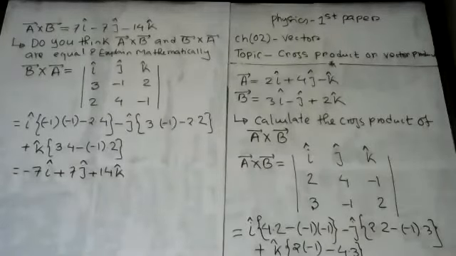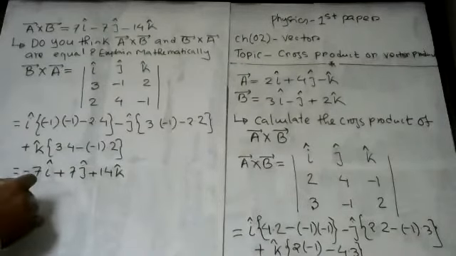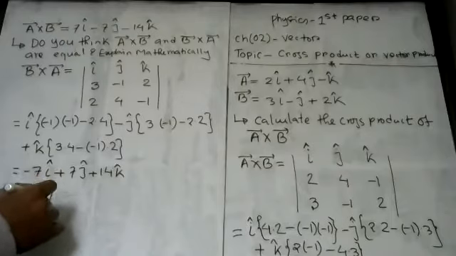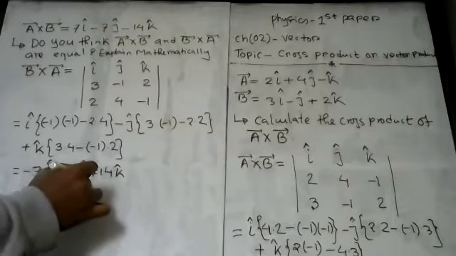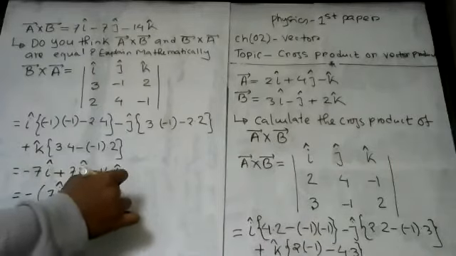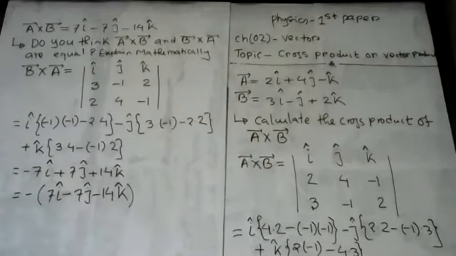Okay. So if you take a minus sign common, then it is 7i hat minus 7j hat minus 14k hat. Can I write this part will equal to vector A cross B?